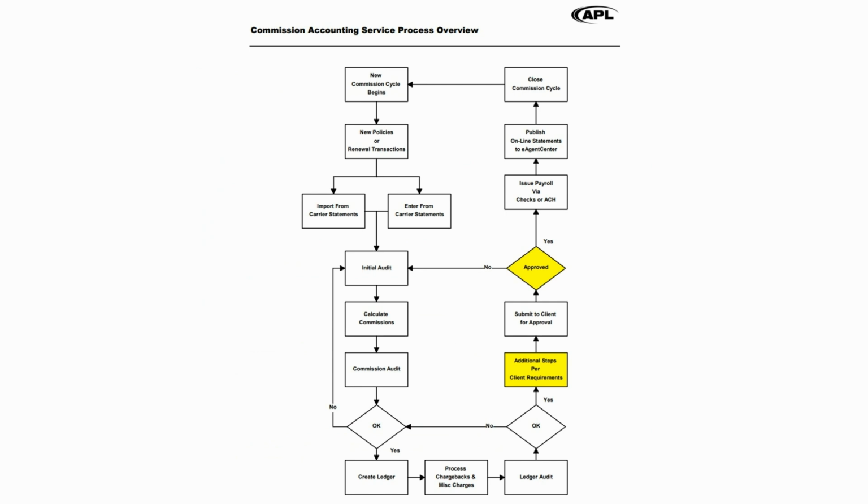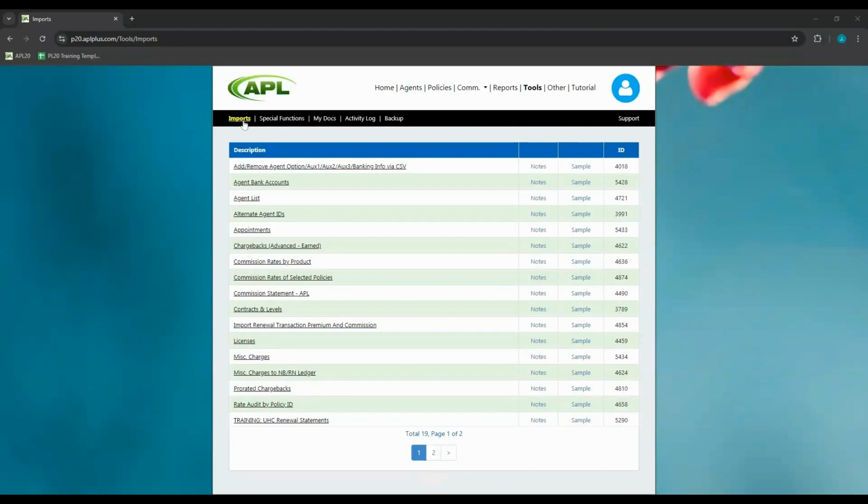To start either cycle, we first bring the policies and transactions into the system. This is normally done by importing the carrier statements into APL. APL has a standard template for this task.